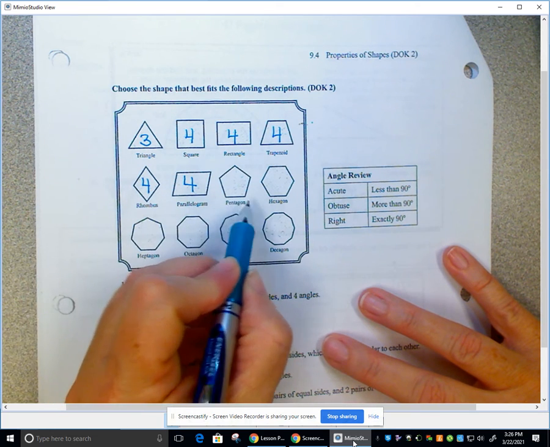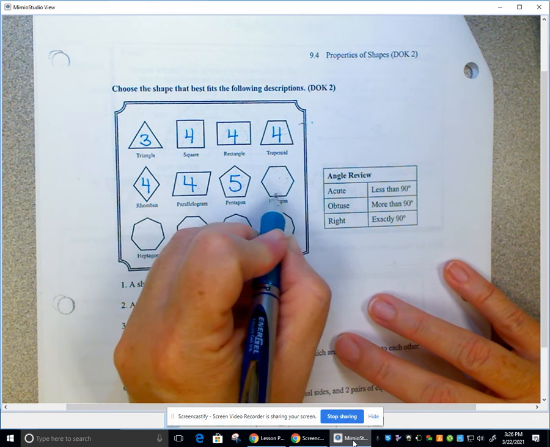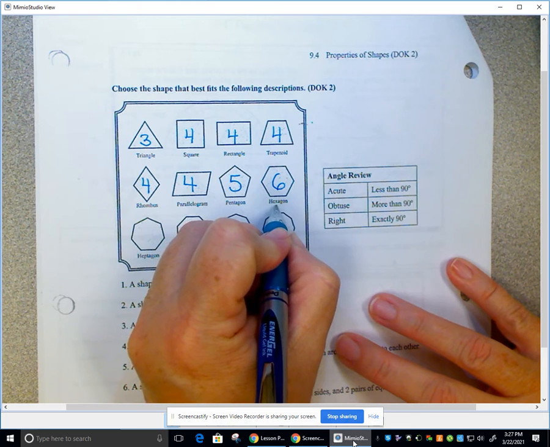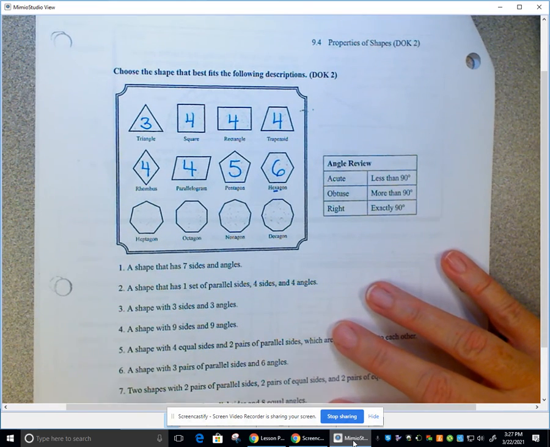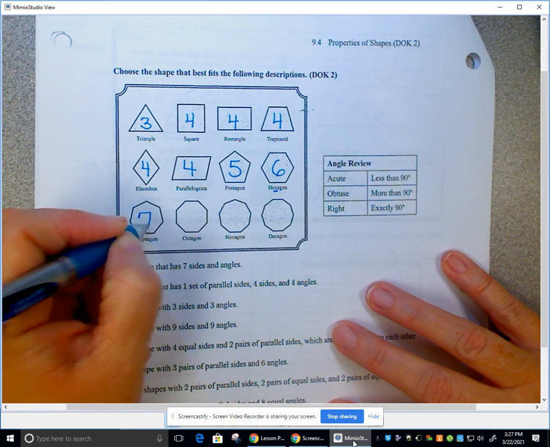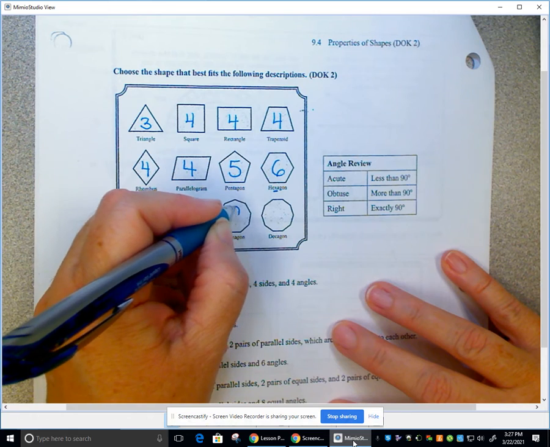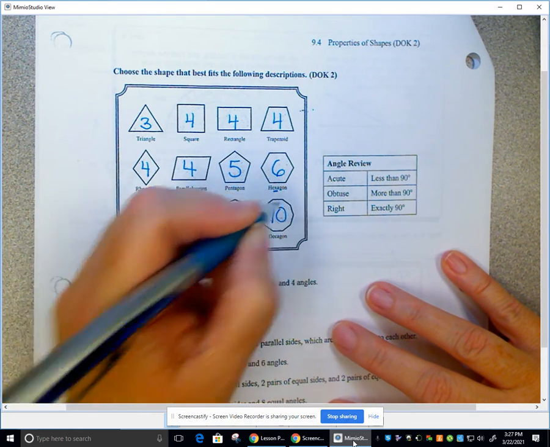Now here's a pentagon. A pentagon has 5. A hexagon has 6. I remember hex, it has an X in it, and so does 6. A heptagon has 7. An octagon has 8. A nonagon has 9. And a decagon has 10.